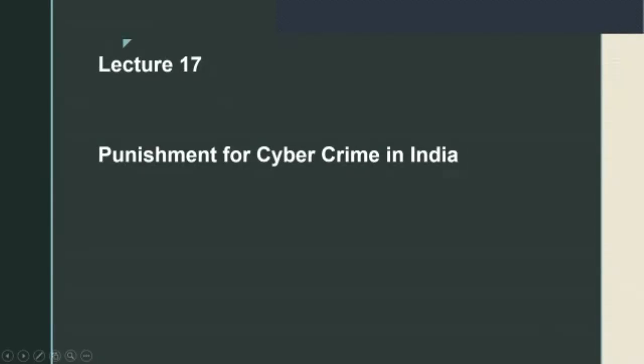Actually, Section 66D of the IT Act, Information Technology Act, all of you have to learn. Section 66D of the Information Technology Act prescribes punishment for cheating by personation by using computer resource, and provides that any person who by means of any communication device or computer resource cheats by personation.